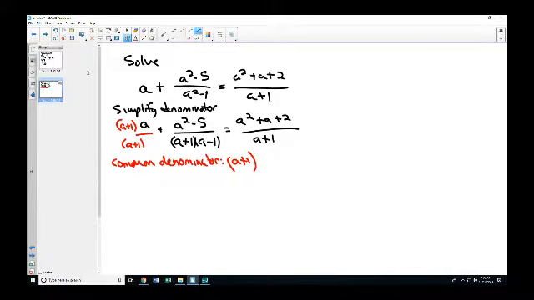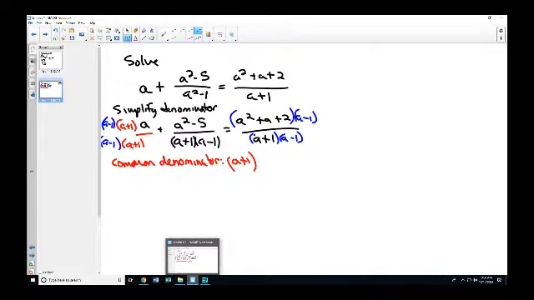What else is there in the denominators? A minus 1, right? Do we have an a minus 1 here? Nope. If that has both of them, does that have an a minus 1? Nope. So you just found your common denominator.